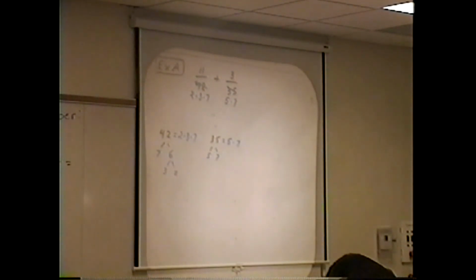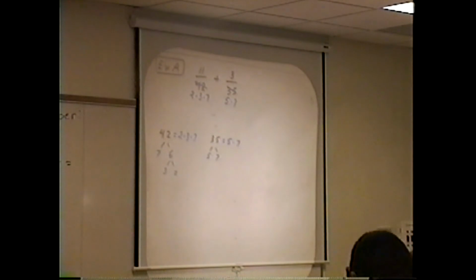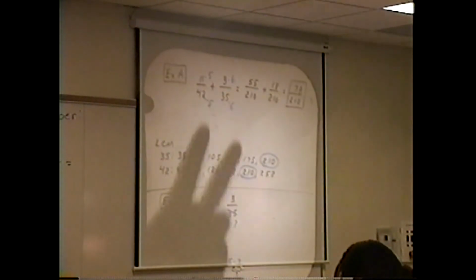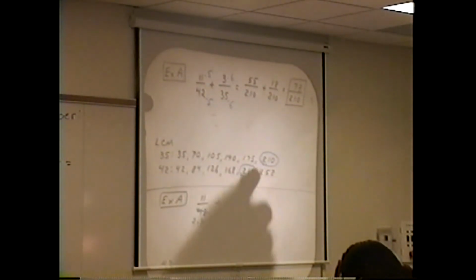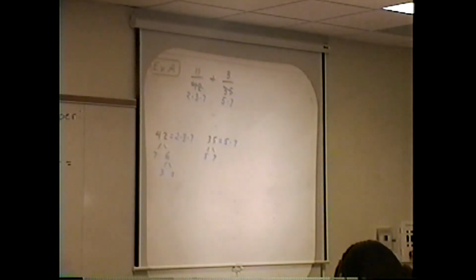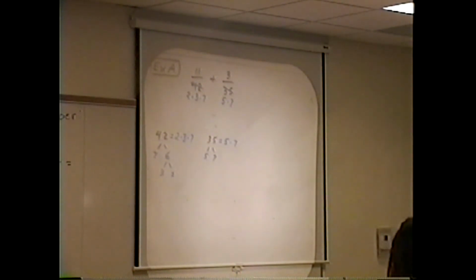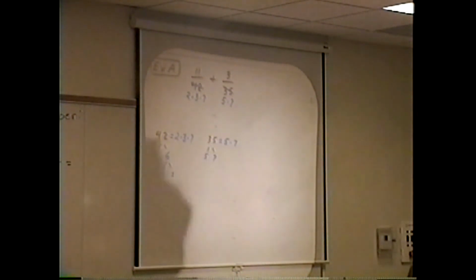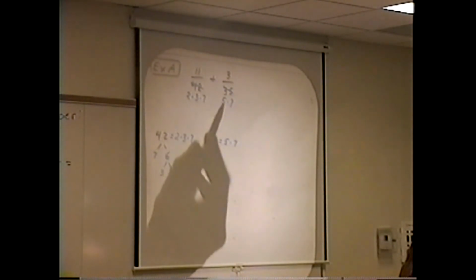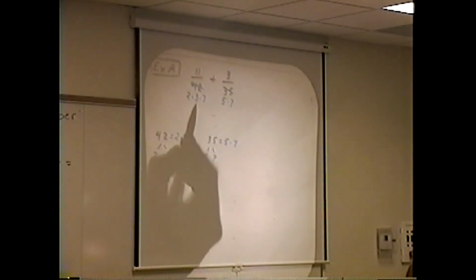In order to do this problem, I do not need to know what the common denominator is. Before, I couldn't do anything without knowing what it was. Now pretend we have no idea what it is. All I want you to do is look at your denominators and multiply by what's missing. What does this one have that this one doesn't?